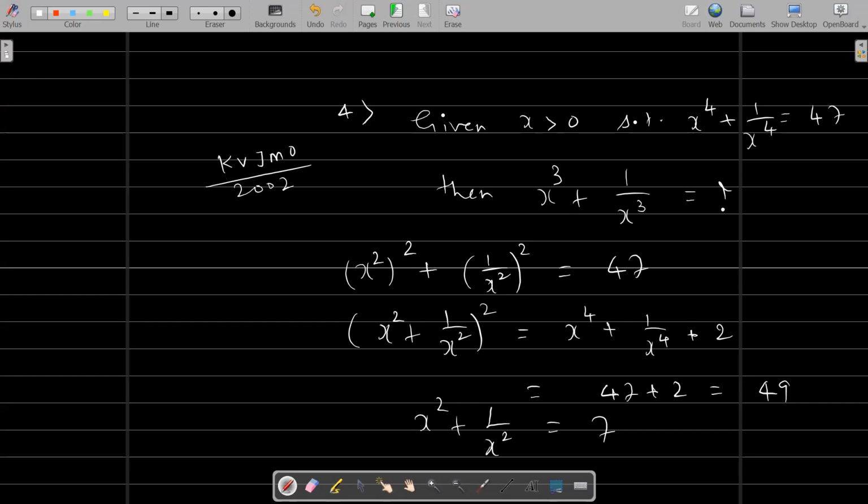Now what shall we do? We have got x square plus 1 by x square. Shall we find x plus 1 by x on the same lines?